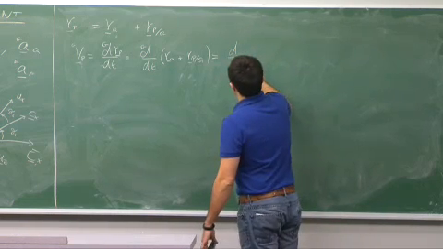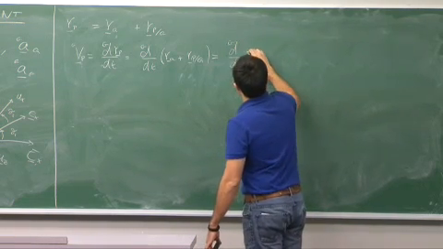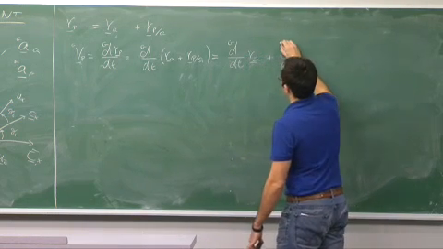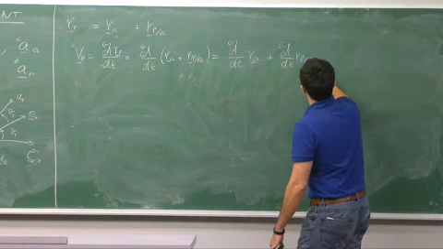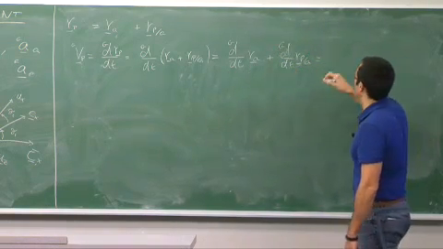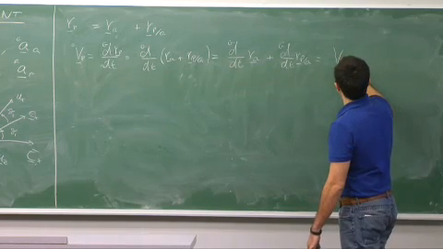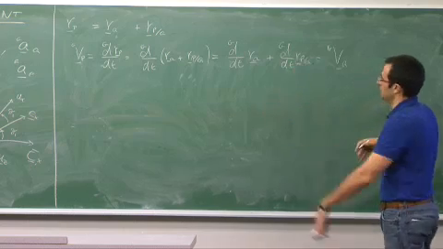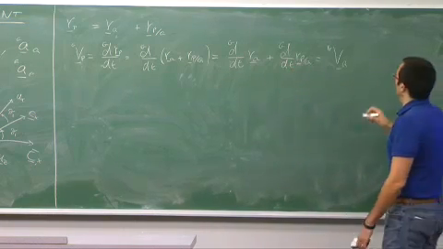Taking a derivative is a linear operation, so you can do this. d dt in G of Rq plus d dt in G of Rp with respect to Q. I've done this before. So that's Vq with respect to the ground. I have that, so I erased it, but I have it somewhere.